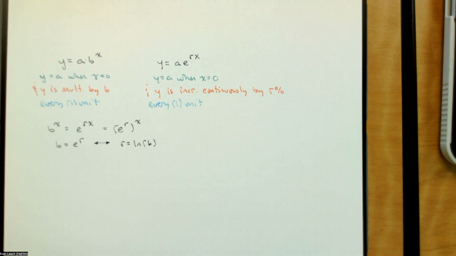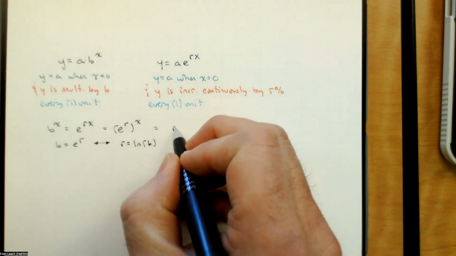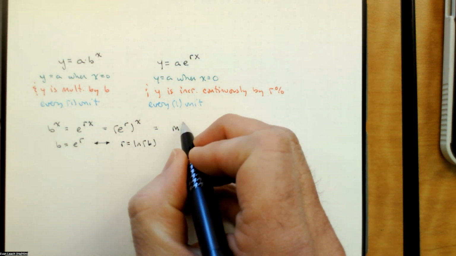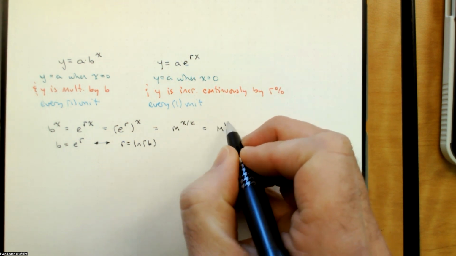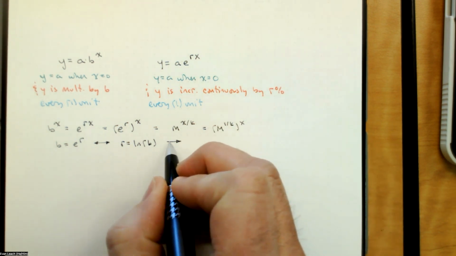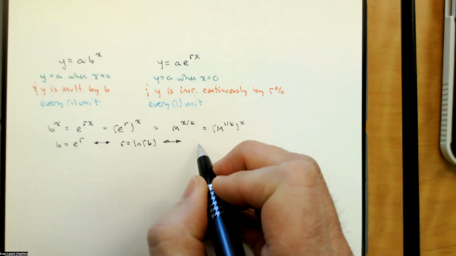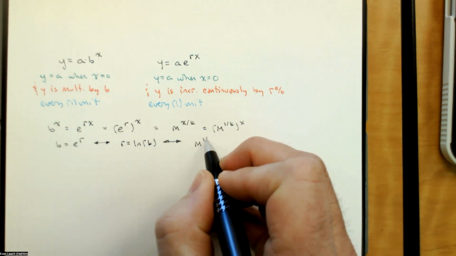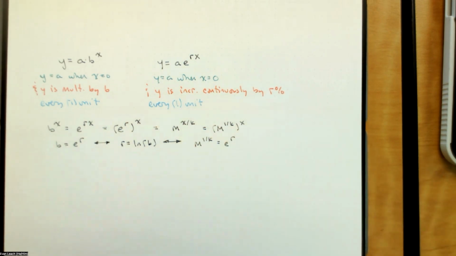Since we can also include m to the x over k, or m to the 1 over k to the x, if we happen to have some unusual multiplier, we could say that m to the 1 over k is equal to e to the r.